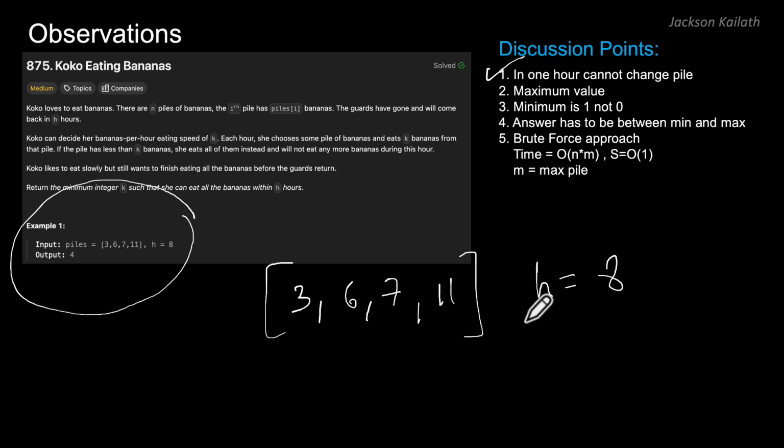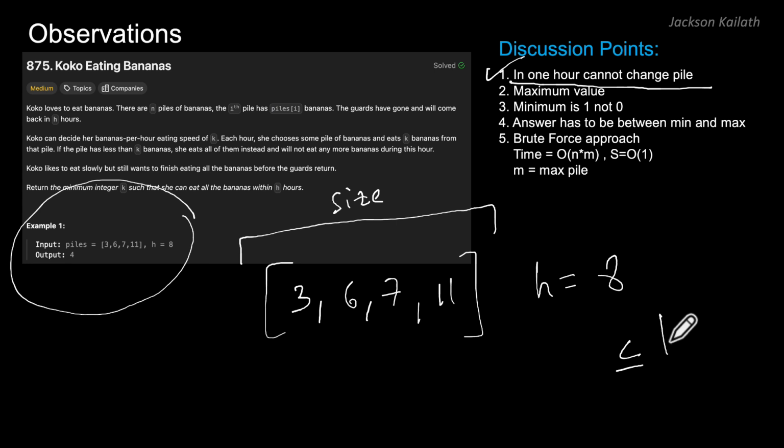The first thing that we have seen over here is that in 1 hour, she will not be changing the pile. So this means that the length of the piles array which is given has to be less than or equal to h, right?